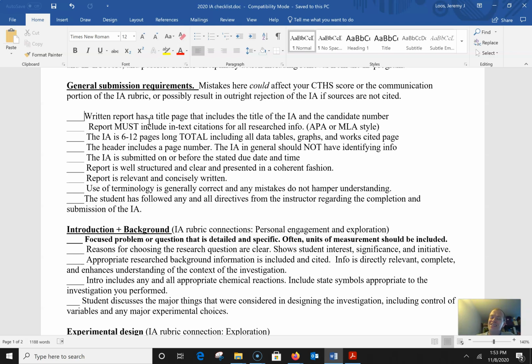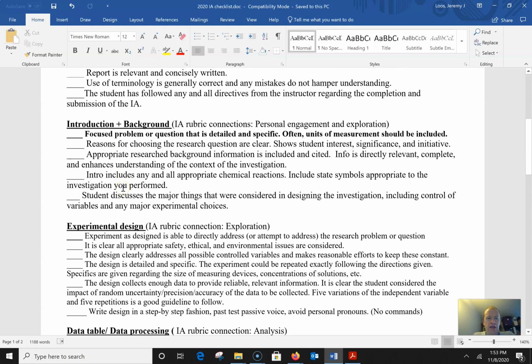But the monitor does not have to read anything past 12 pages. That's important to remember. You should have page numbers in there. You should not have identifying info. Don't put your name on it. You should save it with your name in the file name, but the actual IA itself should not have identifying info. But this is just communication stuff, which we'll get into in a second.